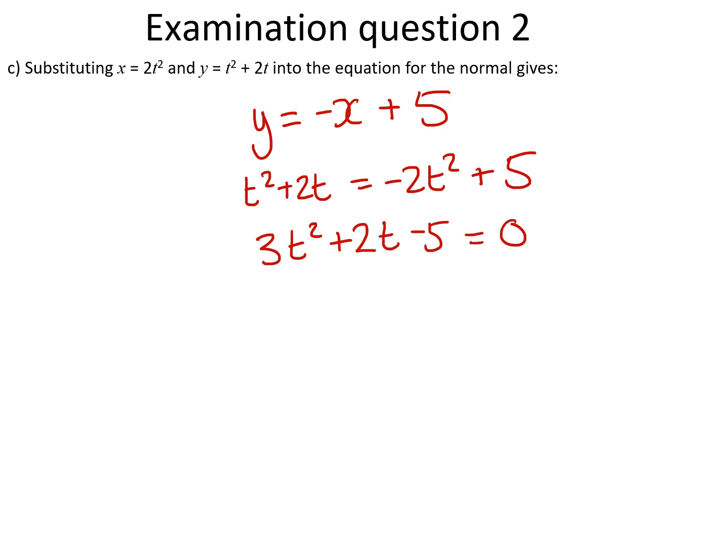Use my calculator to find some answers for that. That should give me t equals either 1 or t equals, on the calculator, minus 5/3. Hopefully you found the same. If you wanted to bracket them, they would have looked like that.